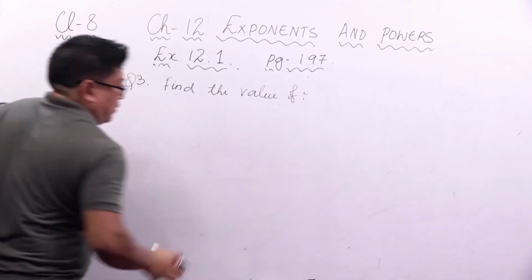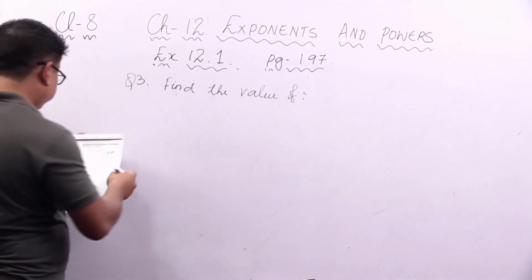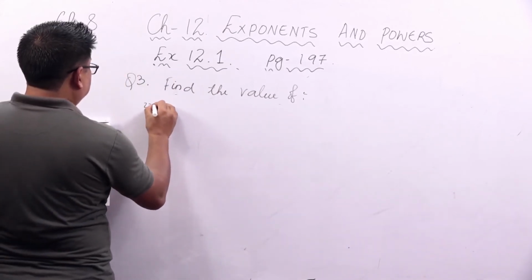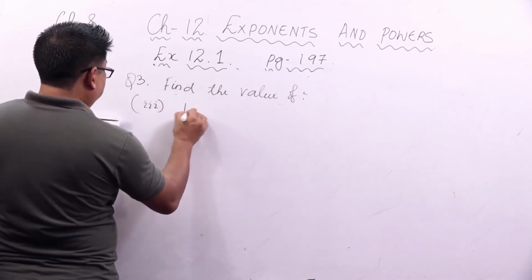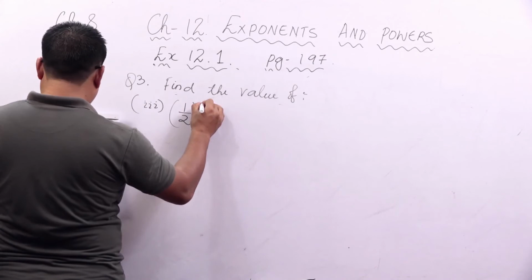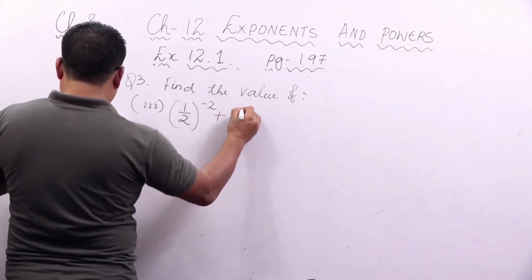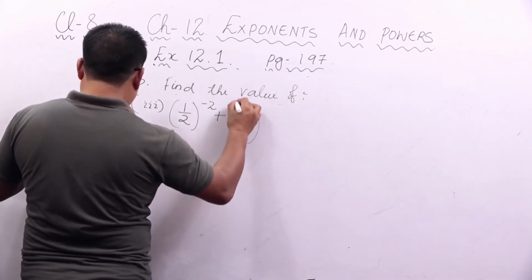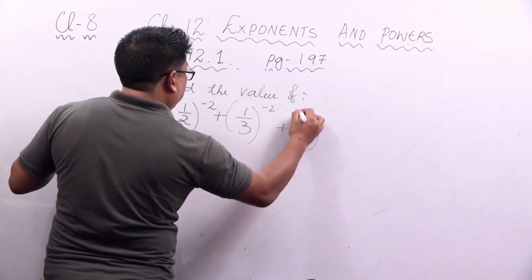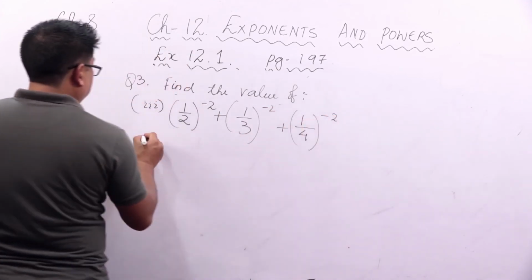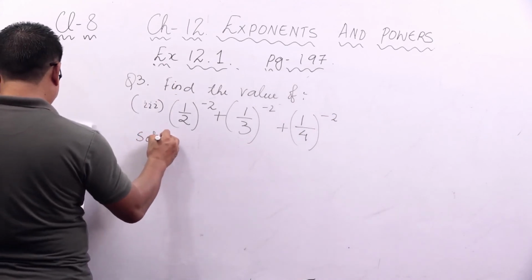Let's look at another question. Question number 3. So the question is (1 by 2) the whole to the power minus 1, (1 by 3) the whole to the power minus 2, plus (1 by 4) the whole to the power minus 2. So this is your question.